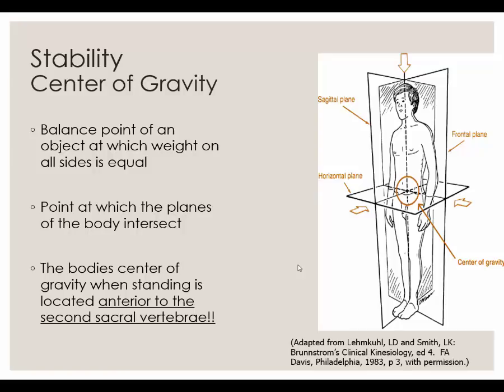If you are taking a look at this picture, you see how the patient is divided into 4 quadrants. They're divided up into these quadrants equally, and the actual center of gravity is at that level anterior to the second sacral vertebrae, which means this person's body weight is equally distributed.